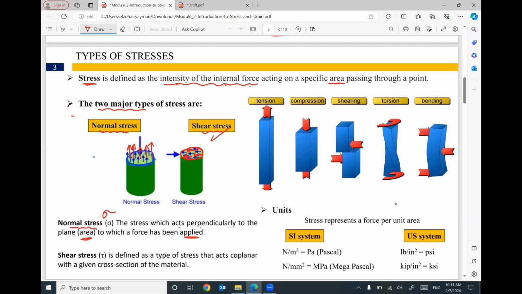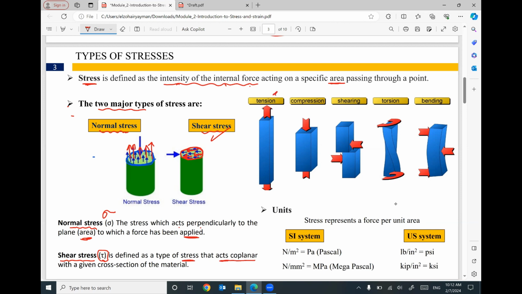So the shear stress, which is labeled by tau, is defined as a type of stress or intensity of the internal force that acts coplanar, parallel, with a given cross-section of the material or of the member. Does that make sense? So be careful.